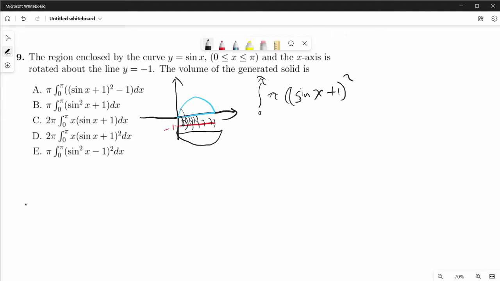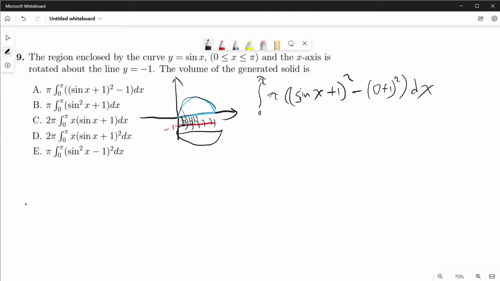Because sine x is this line, and the distance between this sinusoid and the revolution line, which is -1, right? Minus the second line, which is y equal to 0, minus -1, which is +1, the distance between the x-axis and the y equal to -1 line.